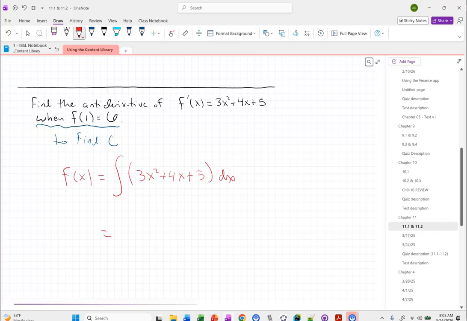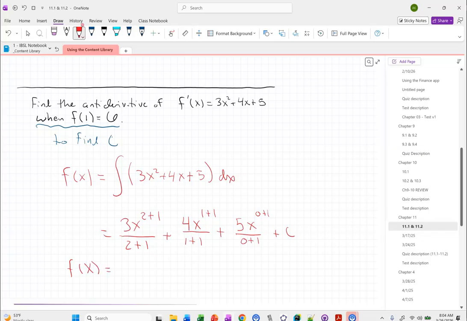So I'm going to add 1 to the exponent and then divide by the new exponent. Add 1 to the exponent, divide by the new exponent, add 1 to the exponent, divide by the new exponent, and then I have a plus c.